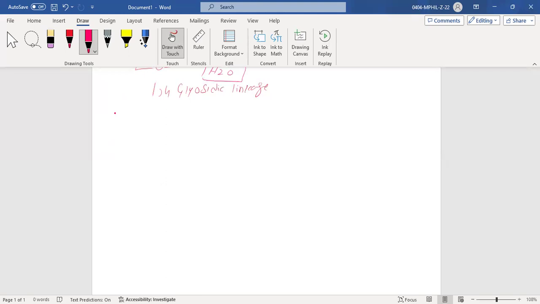Galactose is a monosaccharide which is present in lactose. In the case of sucrose, you will have glucose plus fructose.